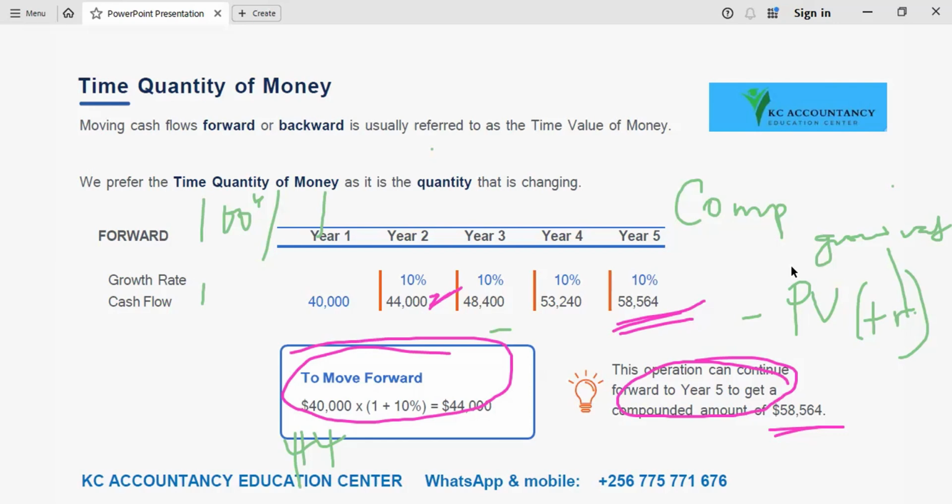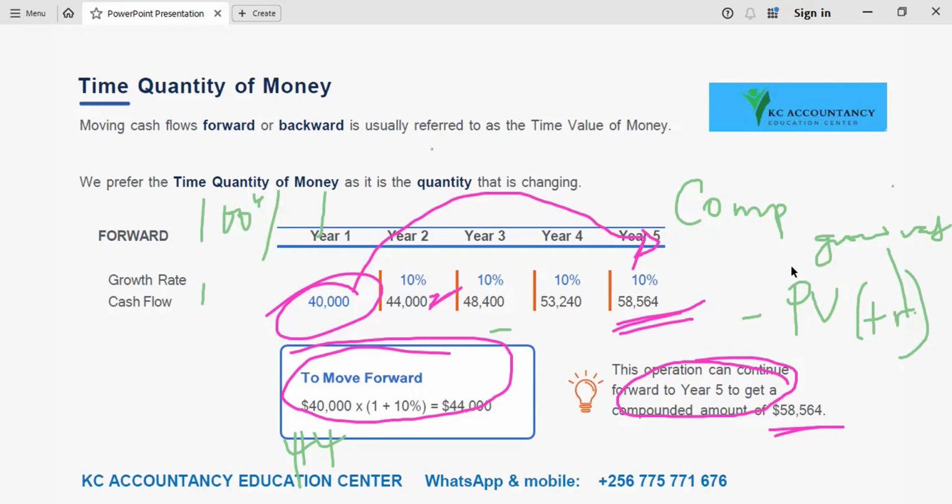That's how we forecast. We forecast by growing the first cash flow we have as our input, for example the 40,000, and we move forward into the future for these different years up to year 5.